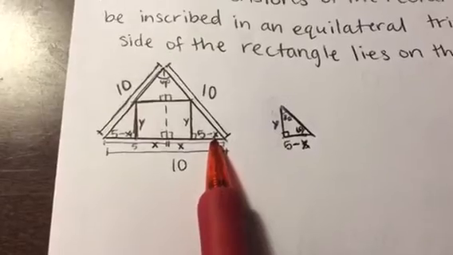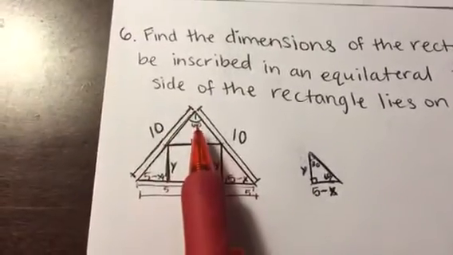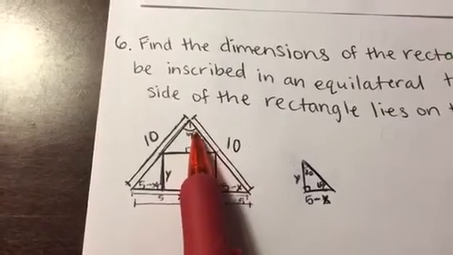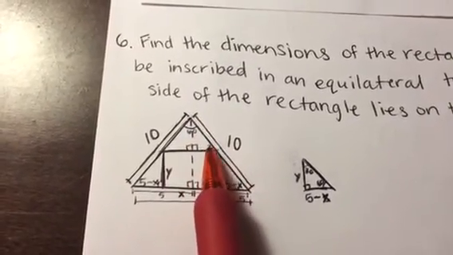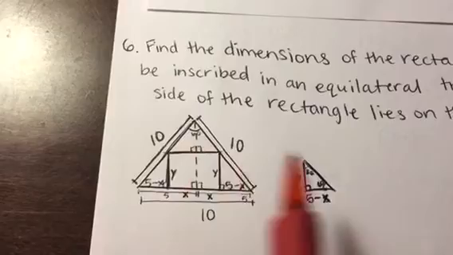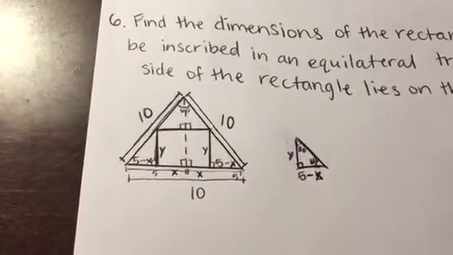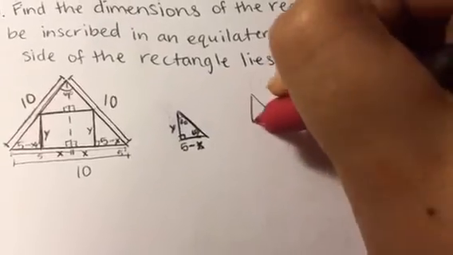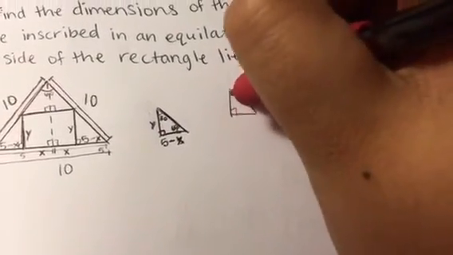And then since the angle here is 60, you divide it in half. This will be 30, this angle will be 60, and this is 90, so it's a 30, 60, 90 triangle.